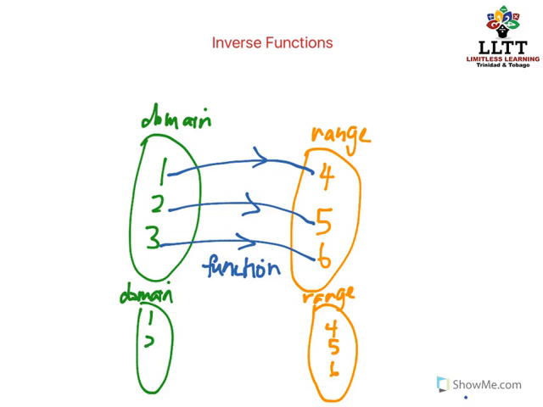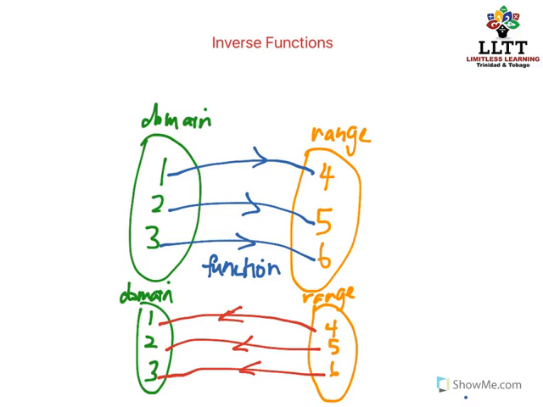My range is still 1, 2, 3, but instead I want to go in the opposite direction. I want to know what can take me from my range back to my domain, and what's going to take me from my range back to my domain is going to be the opposite of what took me from my domain to my range.